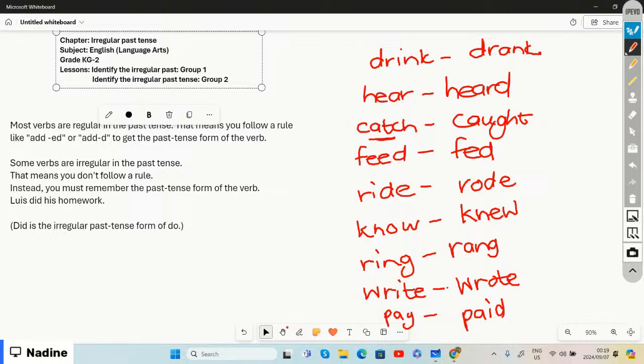All right, so now we're going to go to aplusstudents.ca and we are going to go over once again irregular past tense. We're going to identify the irregular past tense and also see how we can use it within a sentence.